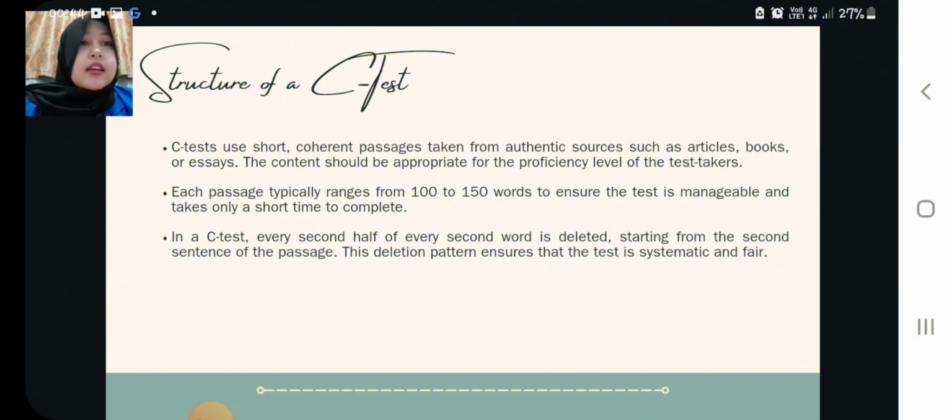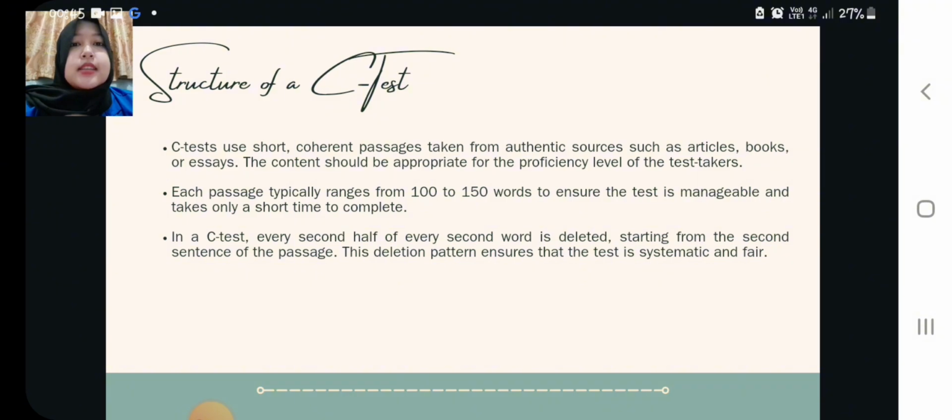Structuring coherent passages helps maintain the flow of the text, making it easier for test takers to understand the context and fill in the blanks accurately. The context should match the proficiency level of the test taker, so it is challenging but not overly difficult.